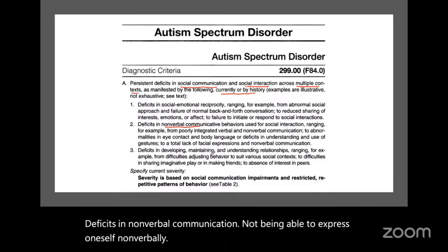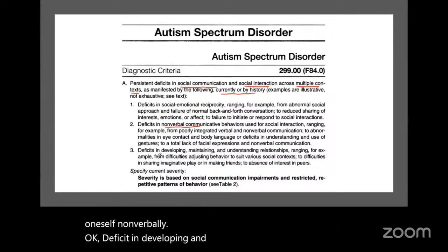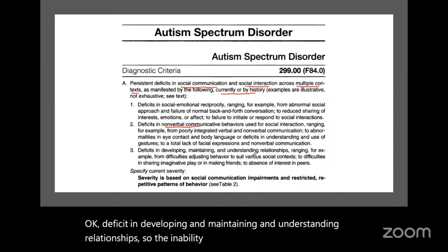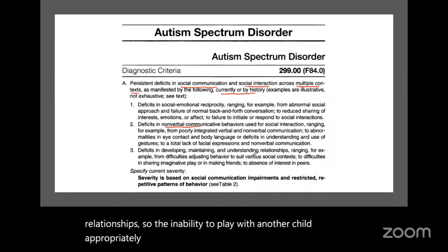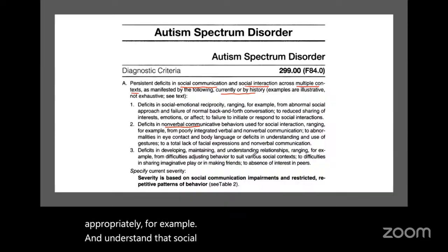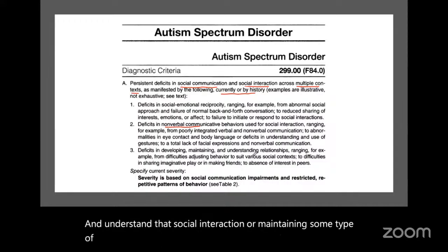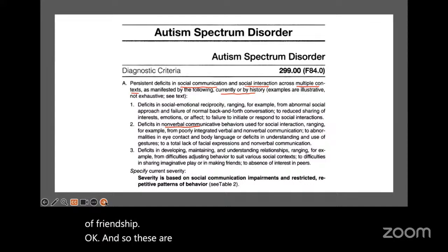Deficit in developing, maintaining, and understanding relationships. So the inability to play with another child appropriately, for example, and understand that social interaction, or maintaining some type of friendship. Okay. And so these are the three main ones. So this is what sets up autism.